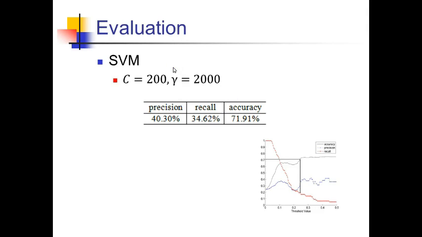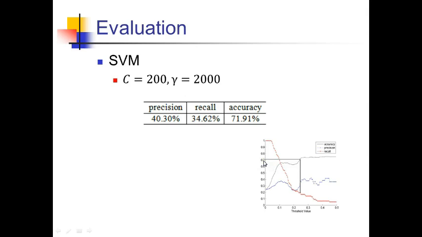And with these two parameters, we can see that the precision is about 40% and the recall rate is about 34%. We can compare these values to the TF times IDF.